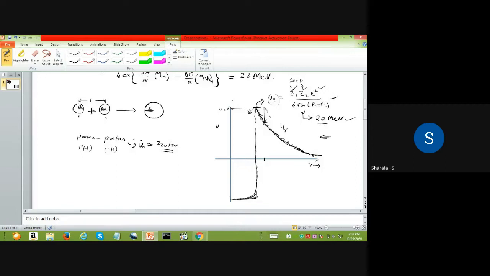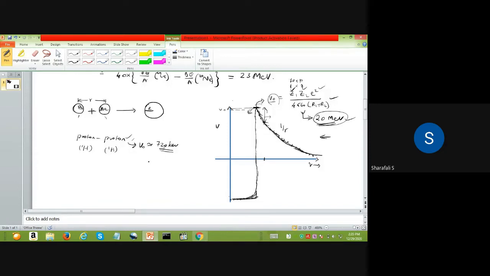So we have to choose some very light nuclei for this nuclear fusion reaction, nuclei where the mass number or proton number is very small, then you can have nuclear fusion by applying some small energy compared to the heavier nuclei. In this case, we have taken neon. It has a 20 mega electron volt range. But when you consider that proton-proton interaction, then it is only 720 kilo electron volt.